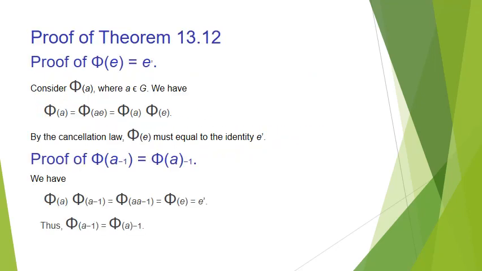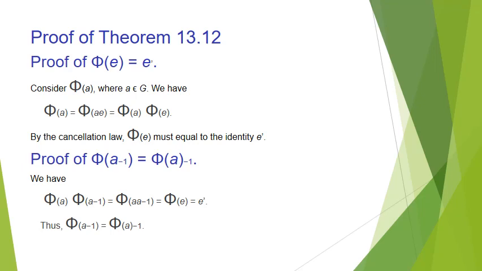So now let's move on to the proofs of our theorems. Number 1, proof of P(e) = e prime. Now consider P(a) where a is an element of G. We have P(a) = P(ae) = P(a) times P(e). By cancellation law, P(e) must equal the identity e prime.